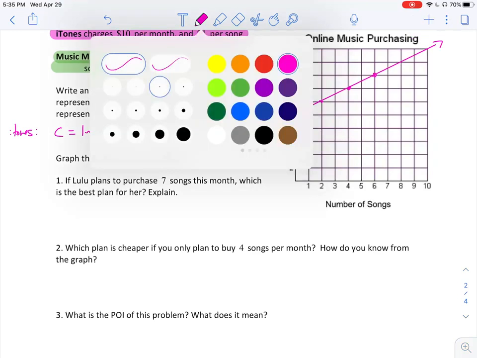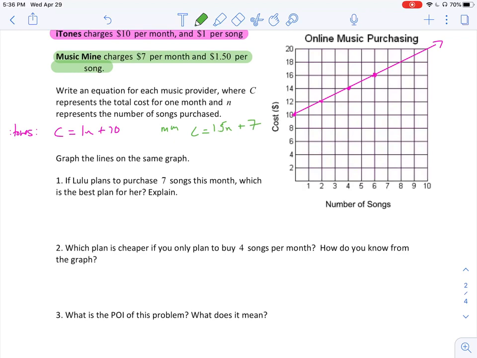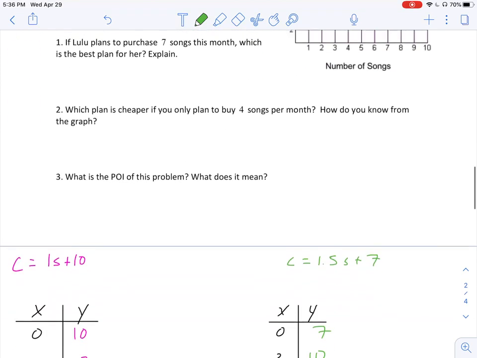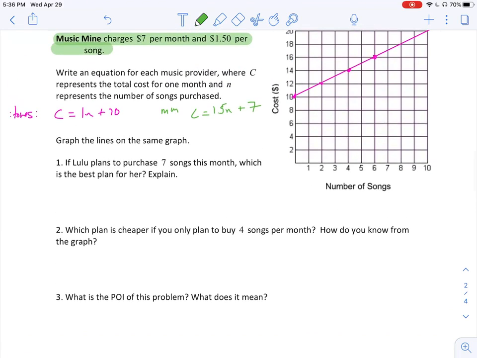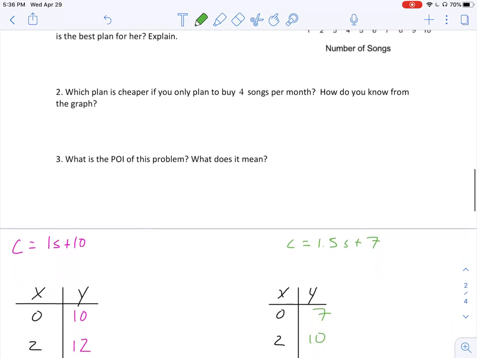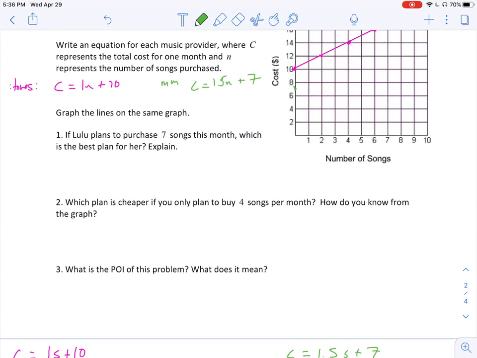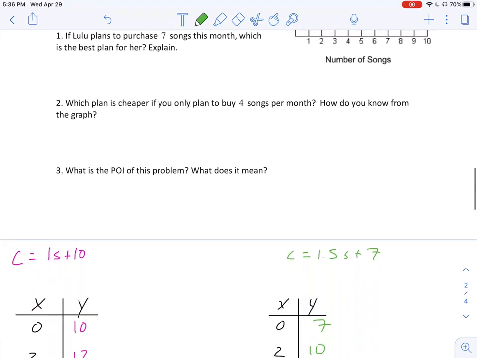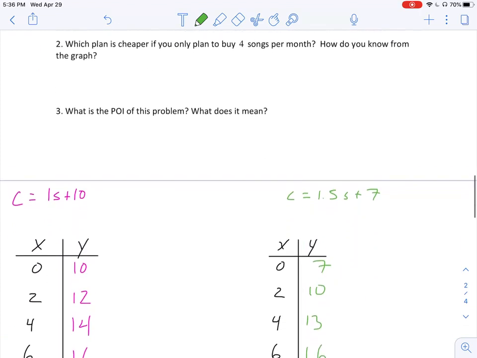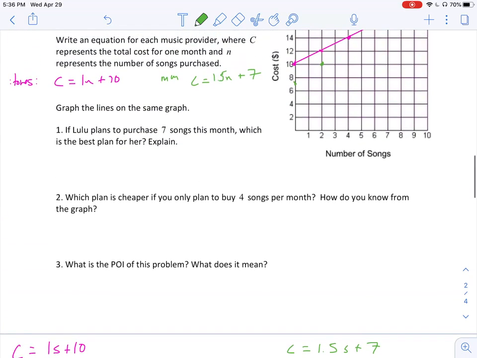Now, I'm going to graph MusicMine. When X is 0, Y is 7. So I'm going to plot 7. It's going to be right around here, roughly. When X is 2, Y is 10. When X is 4, Y is 13, which would be right around here.